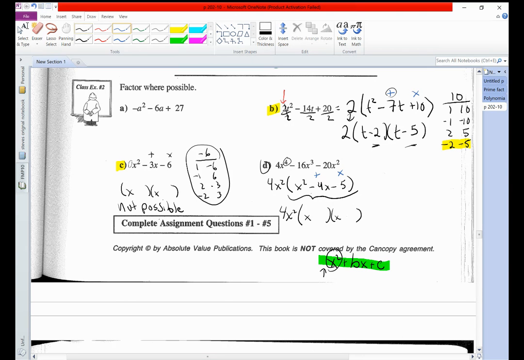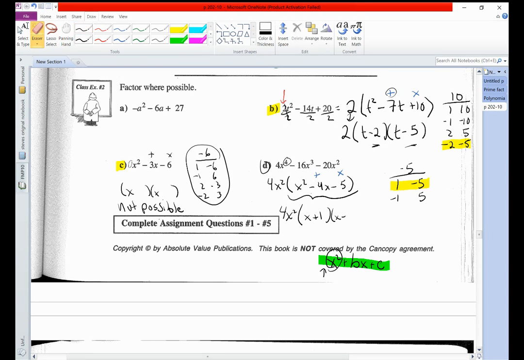So let's make our little list here. -5, so it's going to be 1 multiplied by -5 or -1 multiplied by 5. Do either of those add to -4? Well, 1 plus -5 adds to -4. So I can put those numbers in, x plus 1, x minus 5.